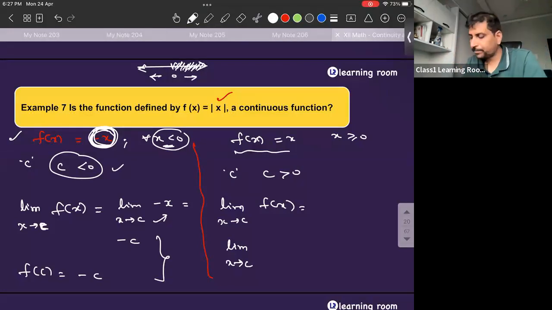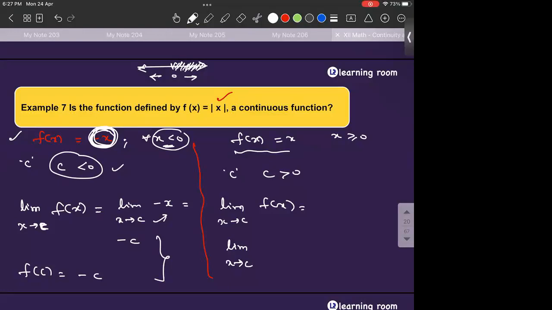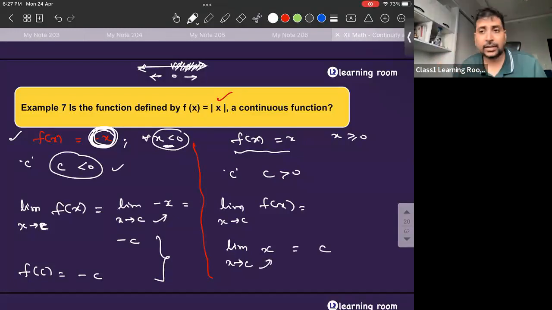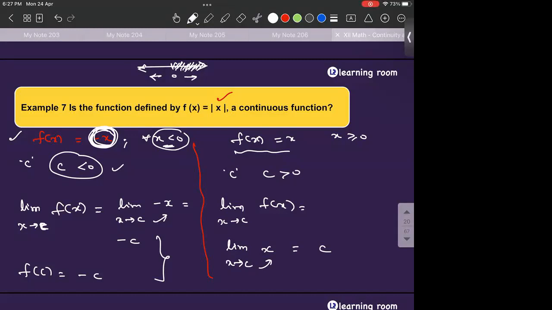What should I take? x. Yes. Limit x tends to c of x, and I'll substitute the c, I'll get c. Am I right? Yes, sir.